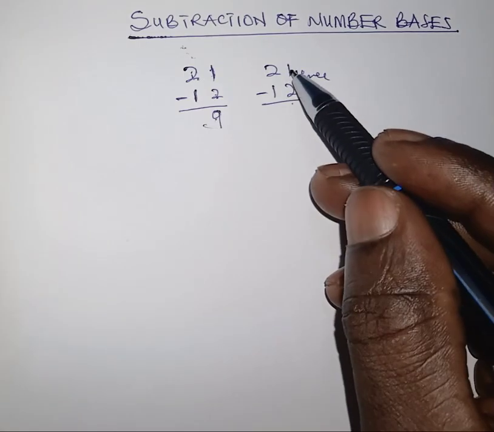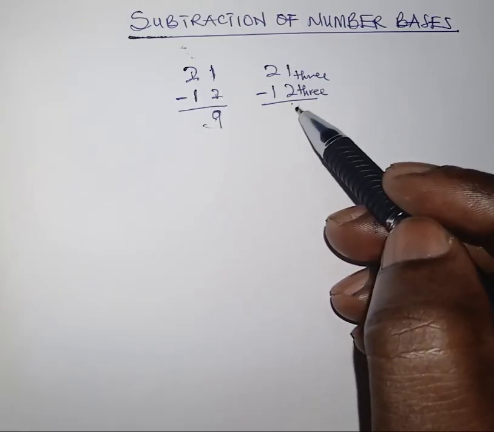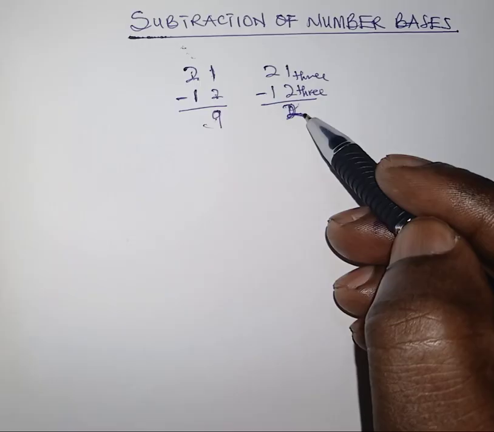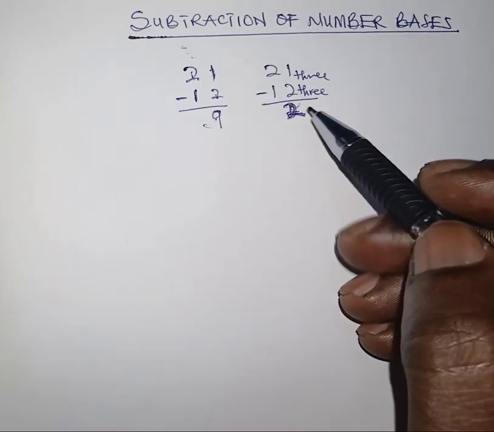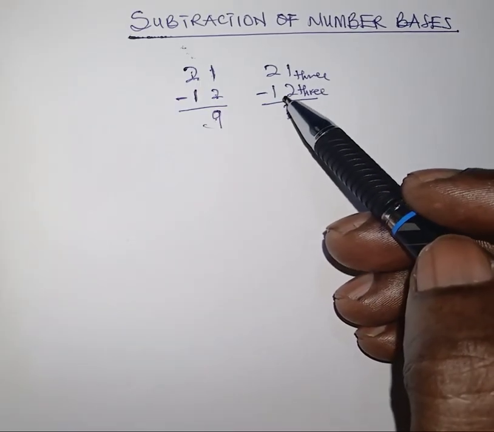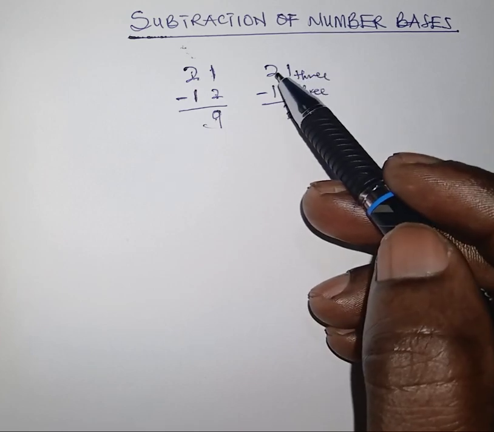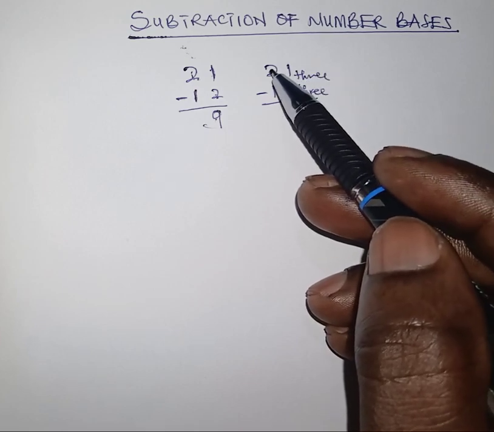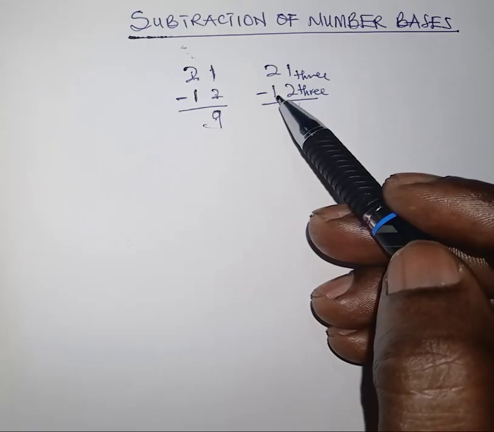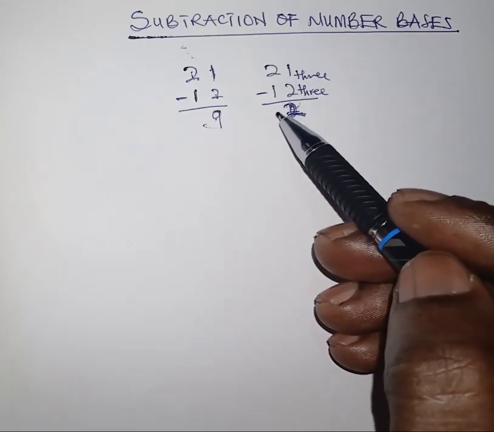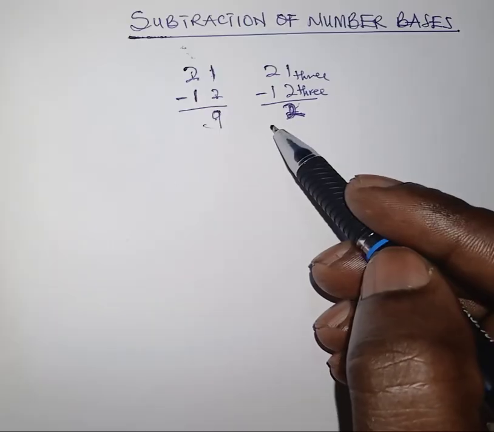So here, if I subtract 2 from 4, it is going to be 2. Now, once you realize that you have 1 left here, you know that you can't subtract, because if you subtract, you are going to get 0, and we don't need the 0. So our answer becomes 2.